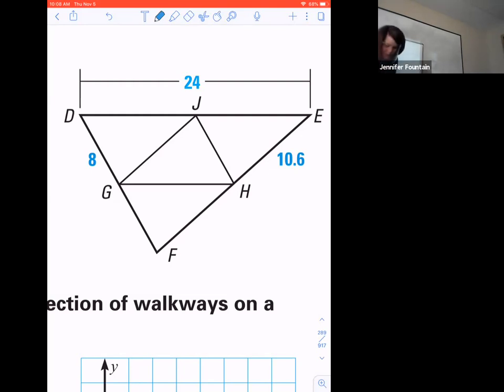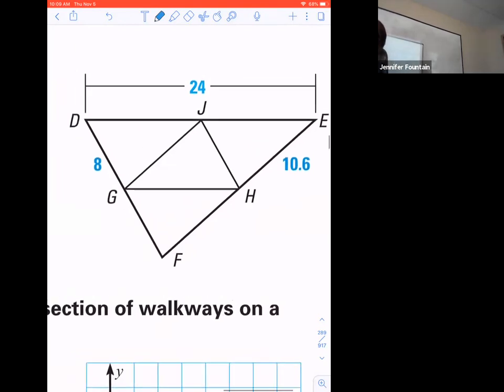Then the next one says GH is equal to what? So if I'm looking at GH, how can I figure out the length of GH? It's a mid-segment. What do I know about the mid-segment? Well, DE is 24, so GH is going to be 12. Good.